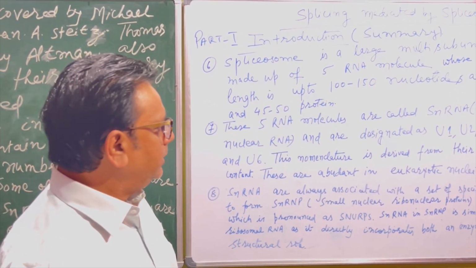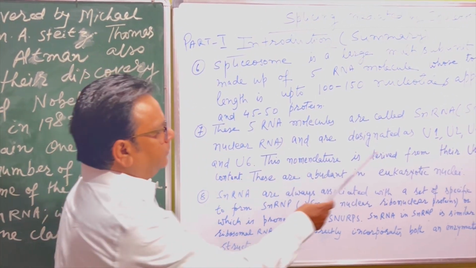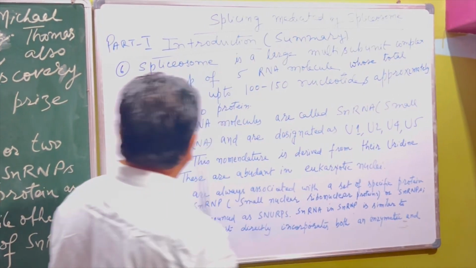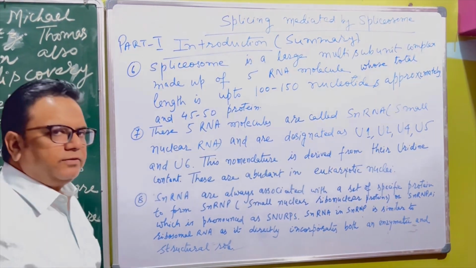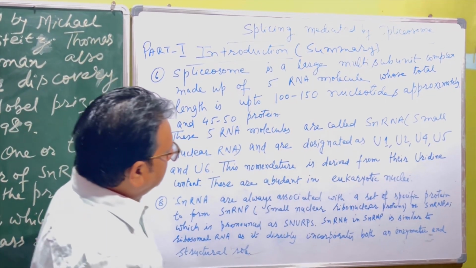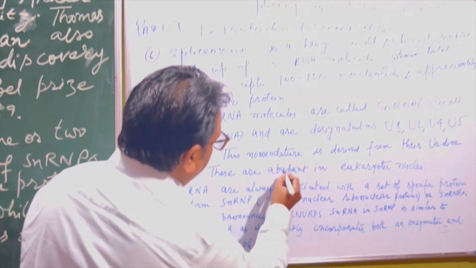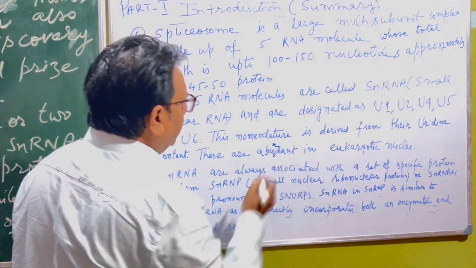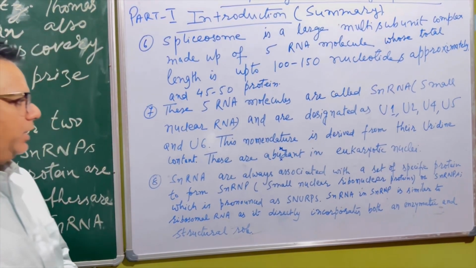And these U1, U2, U4, U5 and U6 snRNAs are abundant in eukaryotic nuclei.